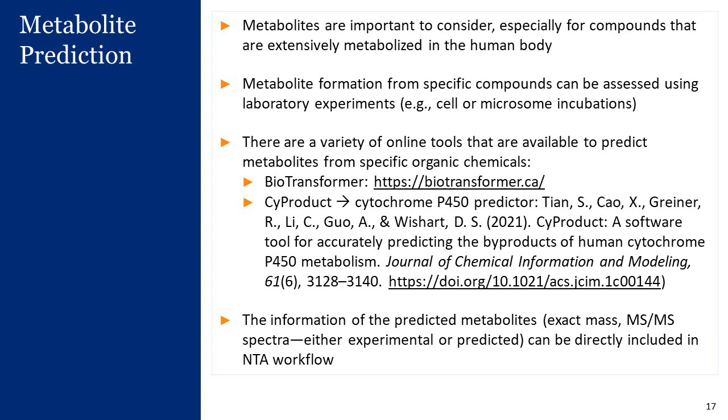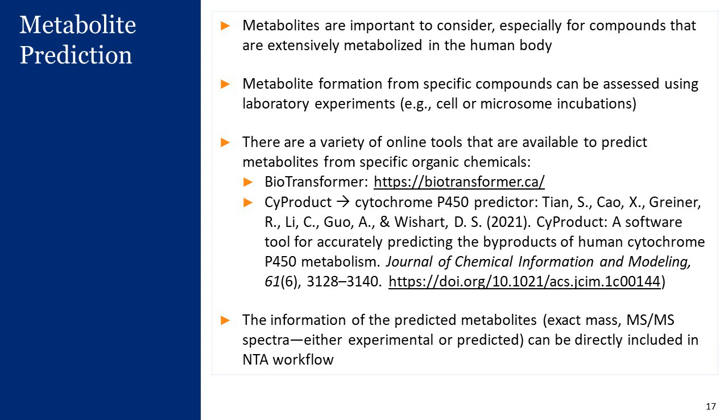And so if we want to predict these, there's a general approach that you could use where you use, for example, cell or microsome incubation. So these are parts of cells that are responsible for the metabolism of chemicals, where you incubate basically your chemical of interest and then look for metabolites. This is a very time-consuming and expensive process.